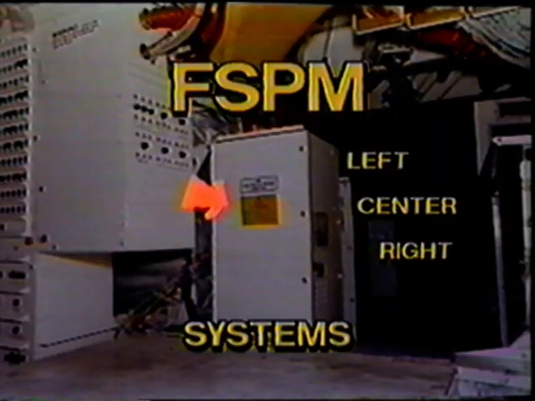Located forward of the equipment racks and accessed through the right crawlway is the flap and stabilizer position module. Horizontal stabilizer components in the stabilizer compartment are accessed through the lower service access door.